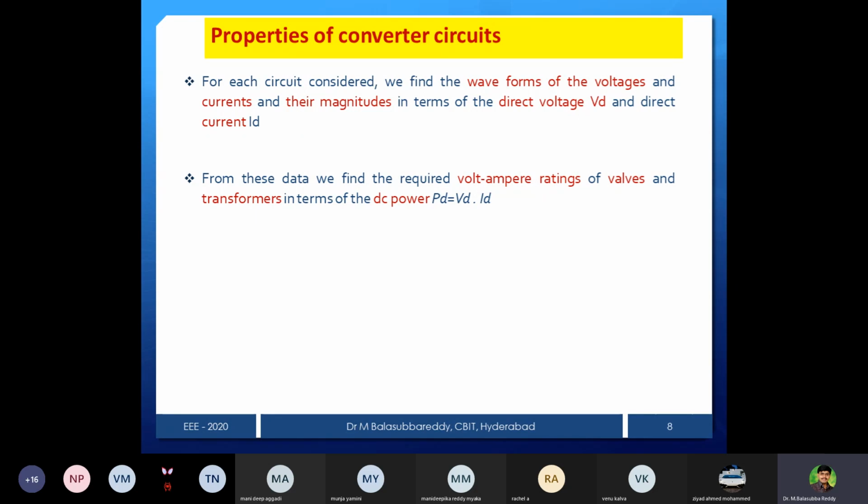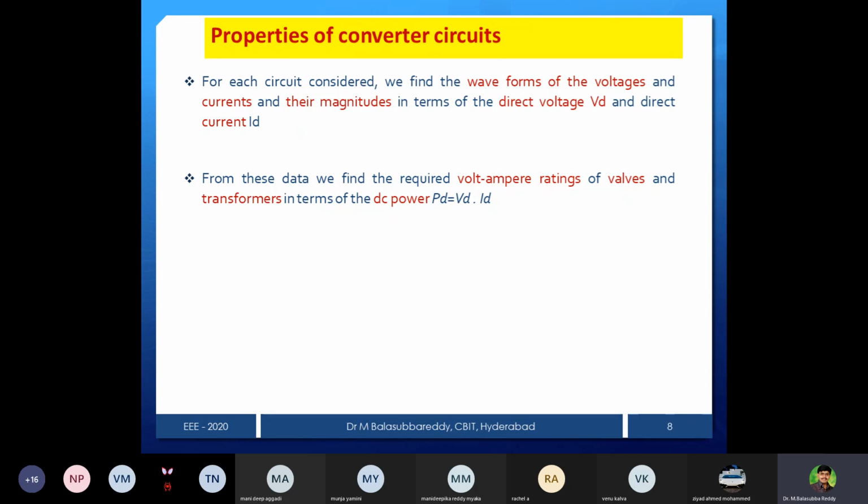If for a particular application we want to use a thyristor, we should know the required volt ampere rating of the SCR. Otherwise, if our application demand is very high but we use thyristors of low rating, the reliability will go down, and sometimes the devices will fail.